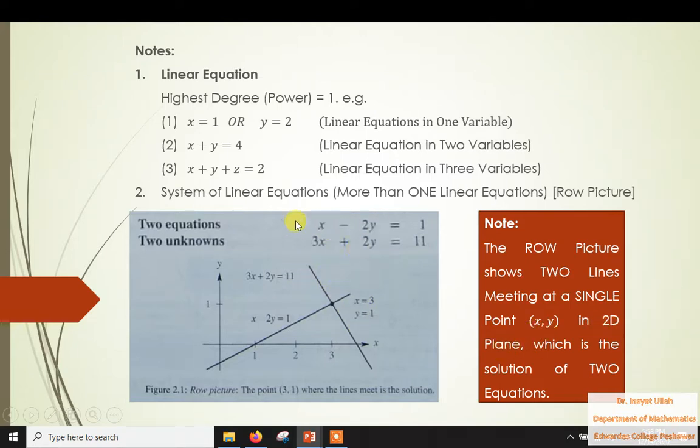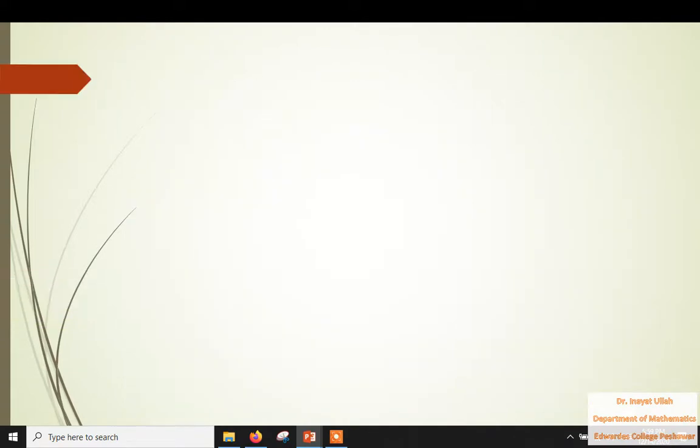Now we are studying here linear equations in two variables, so that's why it is the x, y 2D plane. This point is the solution of these two given lines. The point of intersection of two lines is the solution of those two linear equations. So that is the row picture of these two lines.